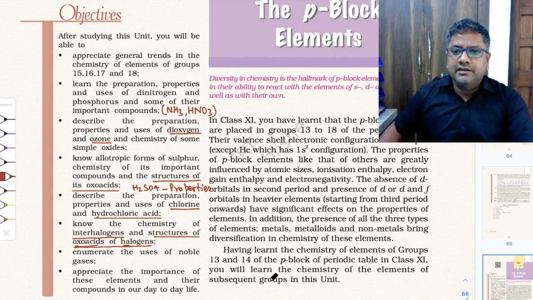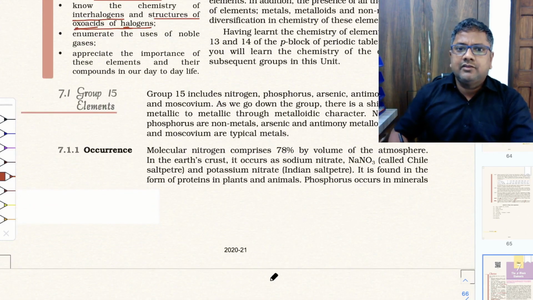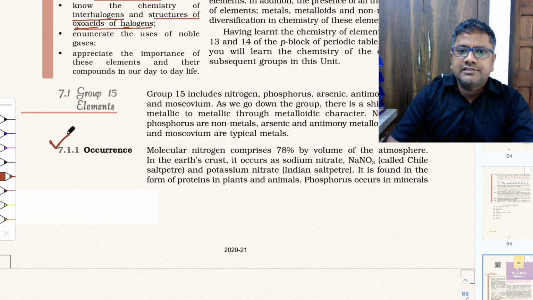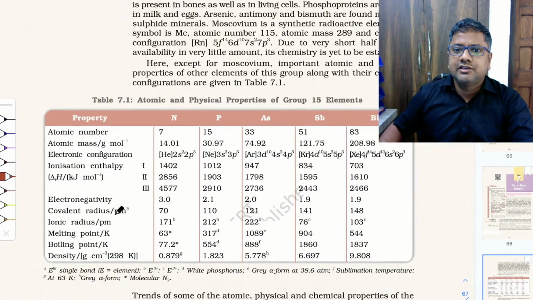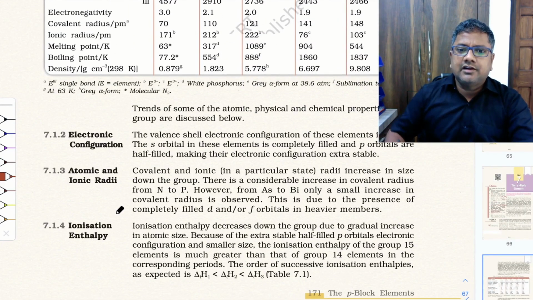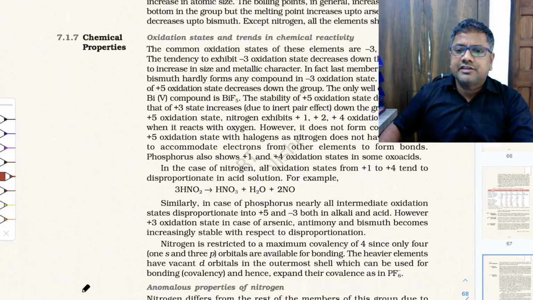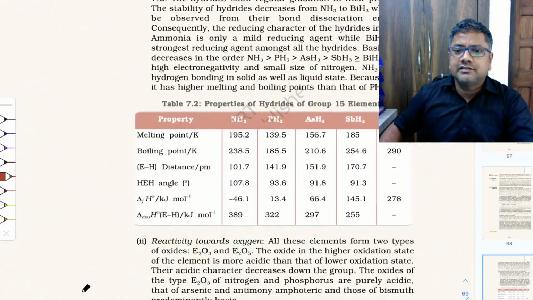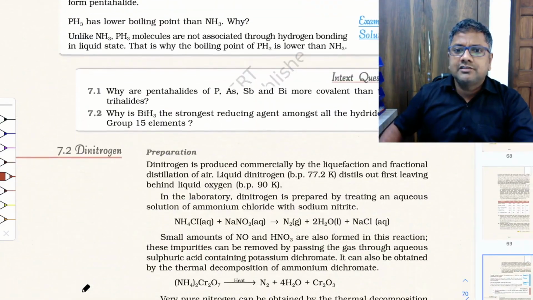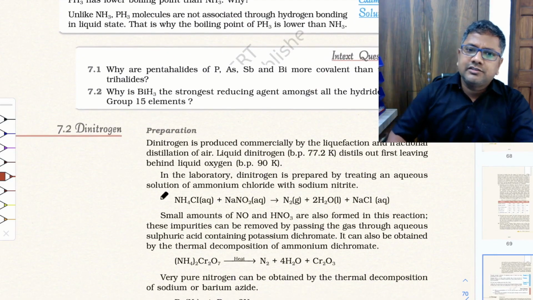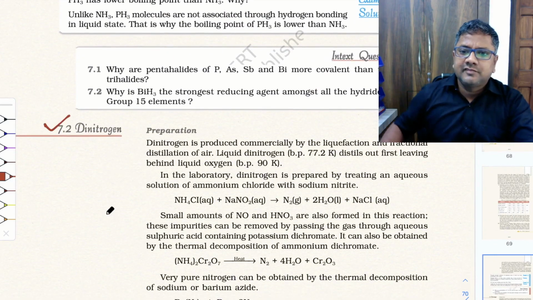So in group 15, you have to go through occurrence. This is very much in your syllabus. Electronic configuration, atomic and ionic radii, ionization enthalpy, everything is there. Physical and chemical properties, this is in your syllabus, right? And dinitrogen, this is in your syllabus.